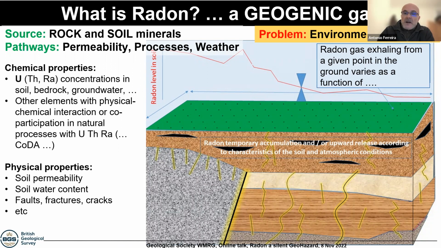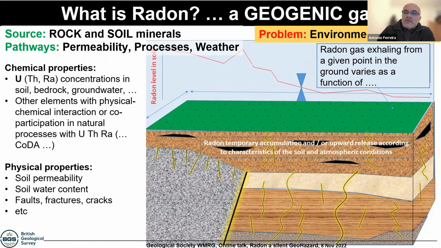In the surface environment, it often shows high mobility. It may bond with organic matter, clay minerals, and precipitate with phosphates and some iron oxides. So we may expect radon emanating from almost any mineral and exhaling from all kinds of rocks and soils, but of course, with higher rates for uranium-rich rocks.